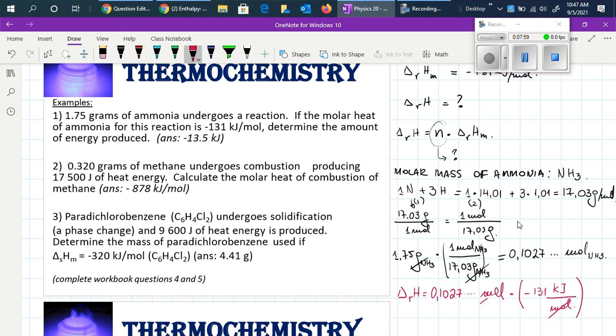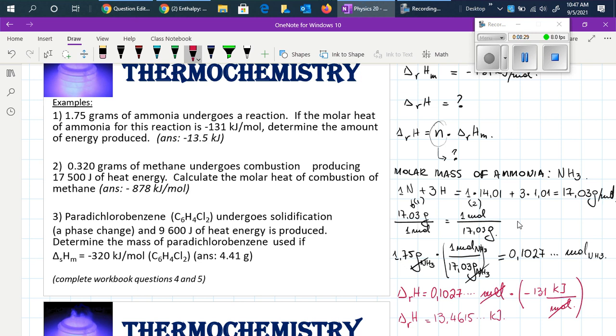So you even see here that moles and moles cancel out, times 131. And your calculator will give you the change of enthalpy of the reaction for ammonia, which is negative 13.4615 and so on kilojoules.